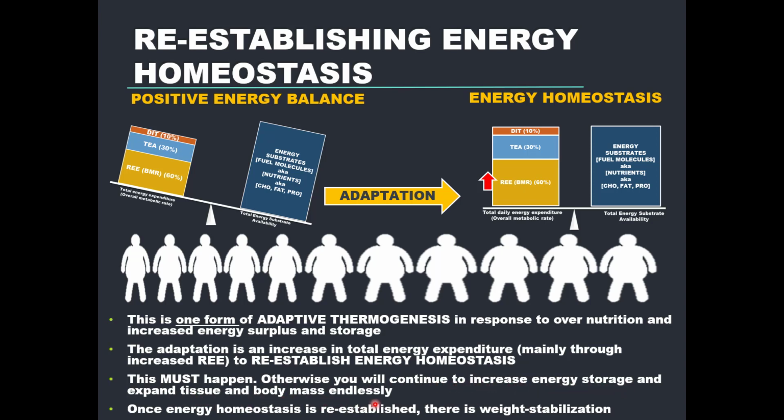the body mass endlessly. Now, some may also ask, well, what happens to the anorexigenic response, those hunger suppression signals over time as you adapt? Well, those anorexigenic responses or those signals will also diminish with adaptation. Those anorexigenic signals are positively correlated with energy surplus.